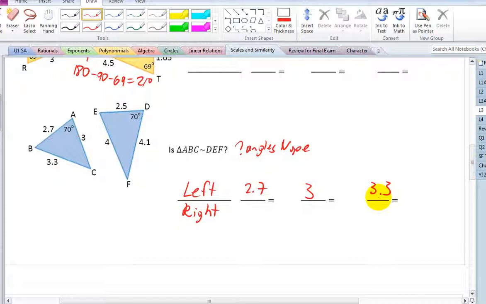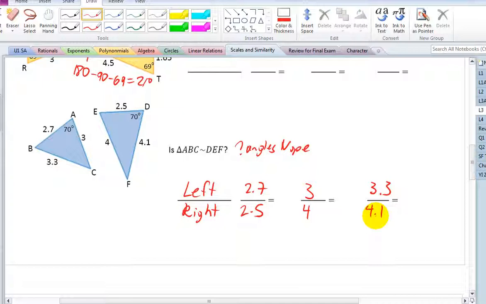Exactly. You've got to match up smallest with smallest. If we're just enlarging something, the smallest size isn't also going to become the largest side. It'll still be the smallest, just a different number. So this will be 2.5. Okay. What about 3? Which side lines up with 3? And what about 3.3?